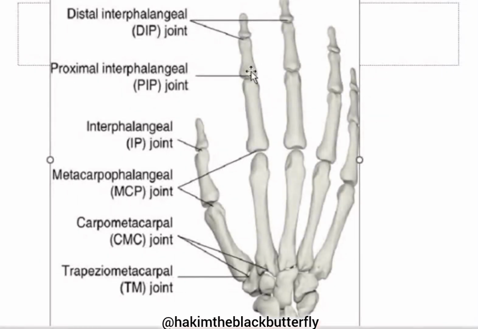This is a proximal interphalangeal joint, and this is a distal interphalangeal joint. Whereas digit number 1, which is the thumb, has 2 phalanges and only 1 interphalangeal joint, which is indicated here.